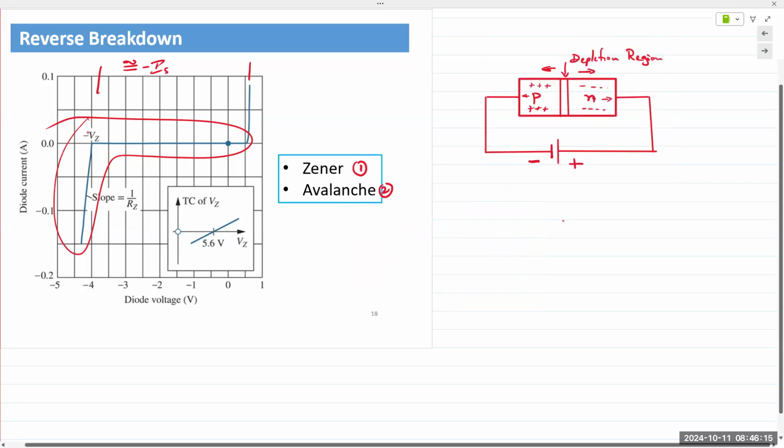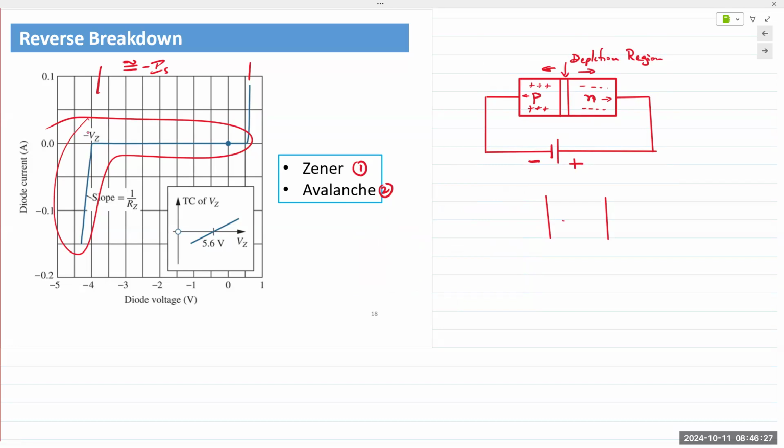In reverse bias, we are applying negative voltage, negative end of the voltage to the p-type material. And so it's attracting the holes, and the other side, it's attracting the electrons. So the depletion region is increasing. Now, when more and more energy is imparted due to the external energy source, these carriers have now more energy.